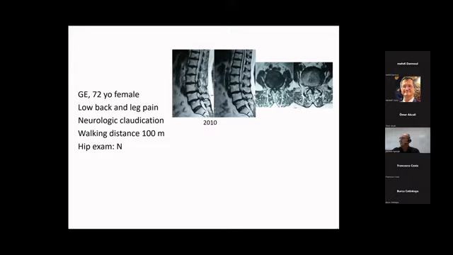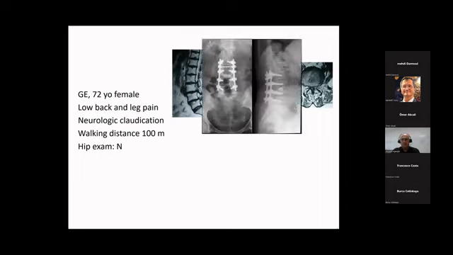She had severe lumbar canal stenosis, and she was diagnosed with lumbar stenosis. She was operated on, and posterior decompression, L3 interbody fusion with cage, and L2 to L5 posterior instrumentation fusion were performed.